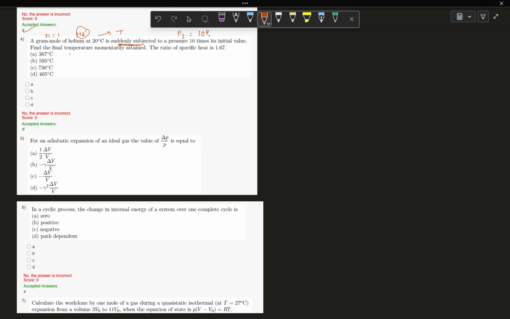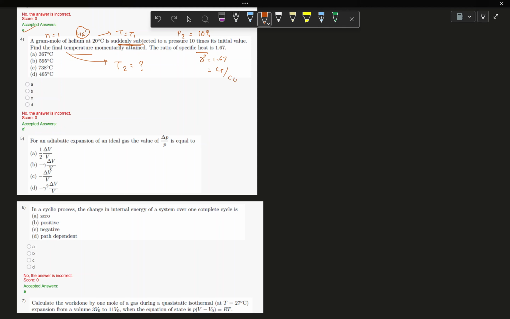And this 20 degrees centigrade is your initial temperature T1, and after the pressure has been increased 10 times, you have to get the final temperature T2, because that is the question they have given you. So T2 equals what? And the additional information is the ratio of specific heats, gamma equal to 1.67, which is Cp by Cv. Okay.